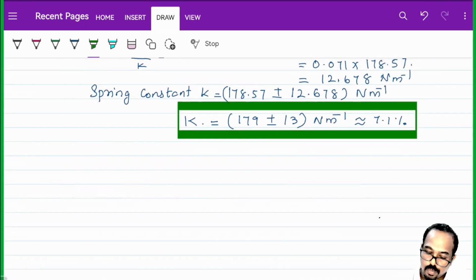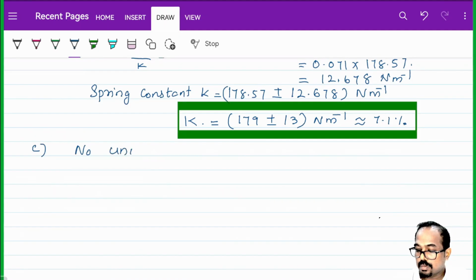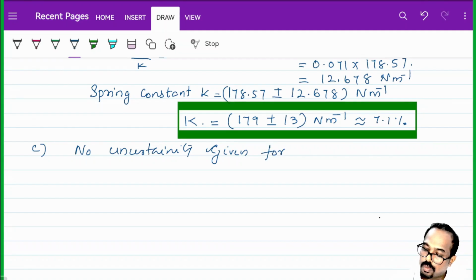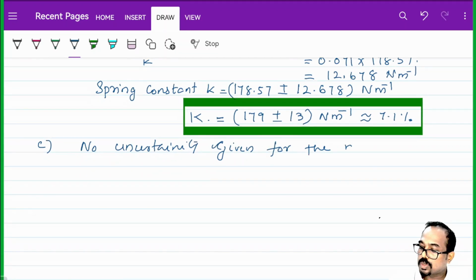See, no uncertainty given for the measurement of force. Measurement of force.